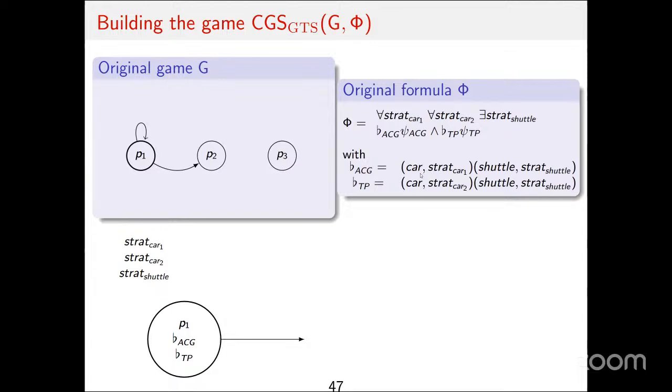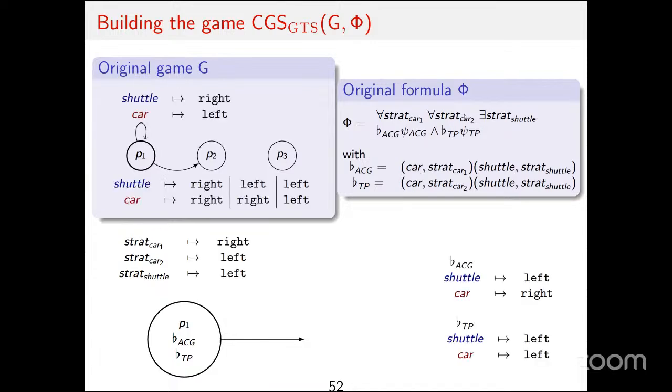So in this example, we get this action profile, and now we can look at the transition in the original game to know where we go in the new game. So here we have left-right for anti-collision protocol, and we see that we should go to P2.